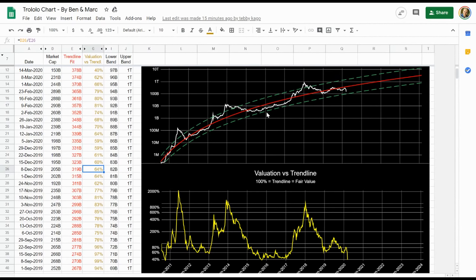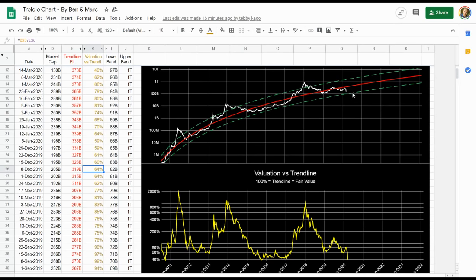I think we might see something similar, where we go sideways for a while and hit, for example, the green line here. That was never hit in the past. You can see an upper band and a lower band, and the lower band is not touched at all. Here it comes closer, but it always comes closer.